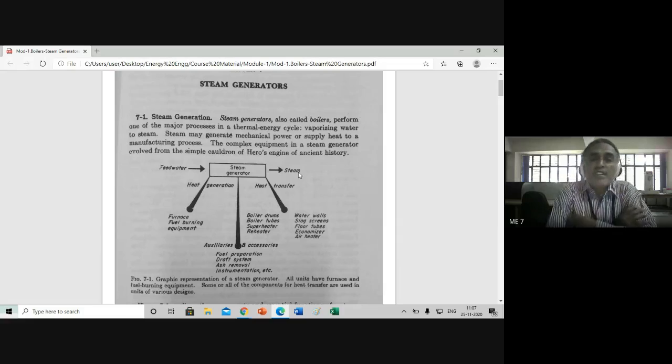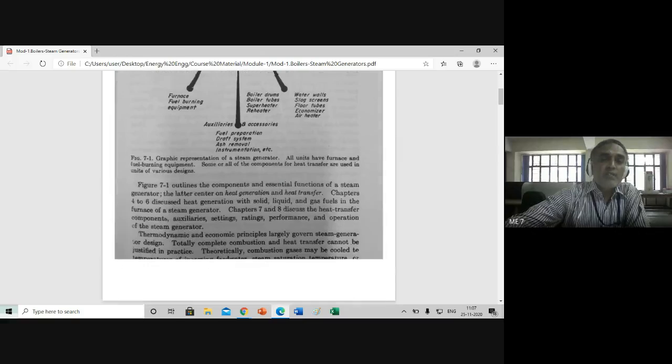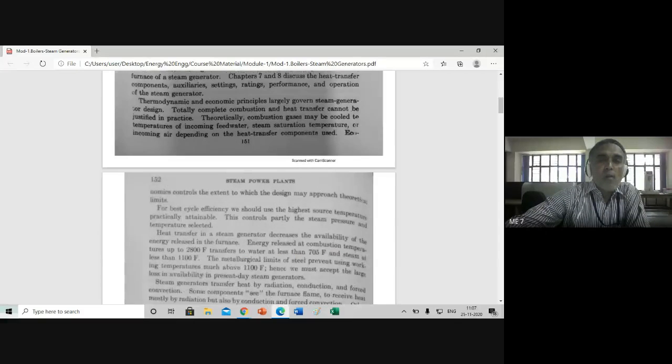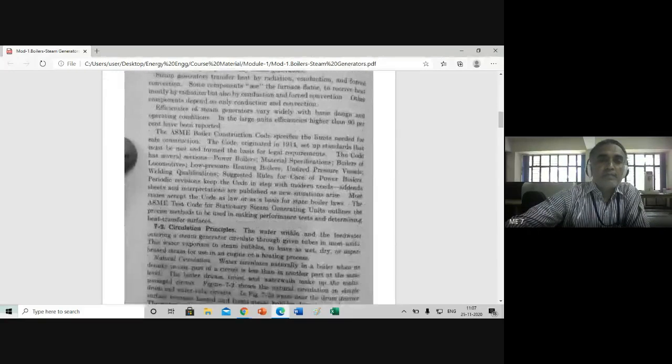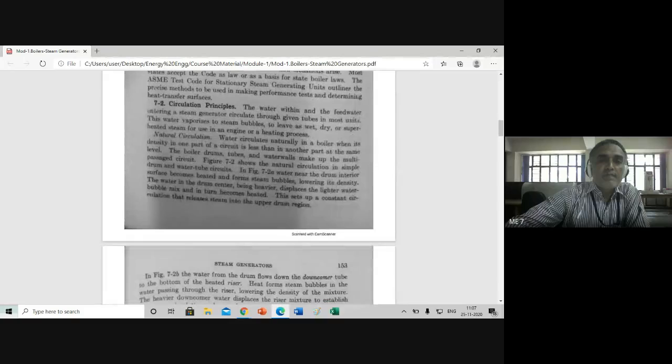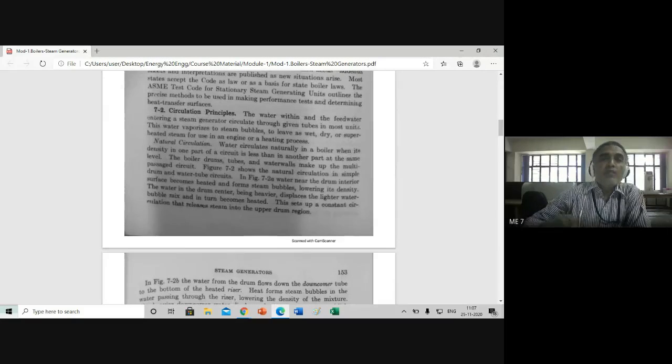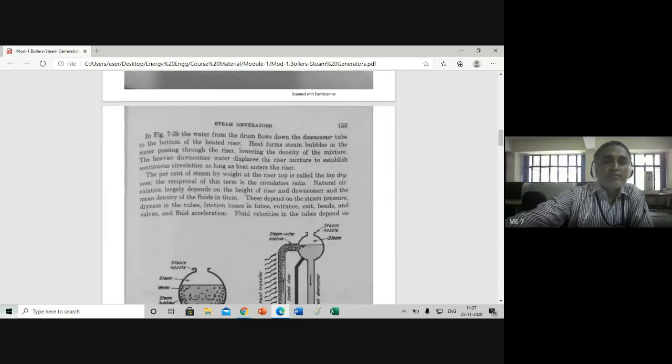In the examination, you will be asked to write the boiler figure. For that, a simplified boiler circuit diagram is given. A circuit diagram is enough in practice, and I am going to show you those circuit diagrams now. Water is circulated inside the boiler by two means: one is natural circulation, another is forced circulation.